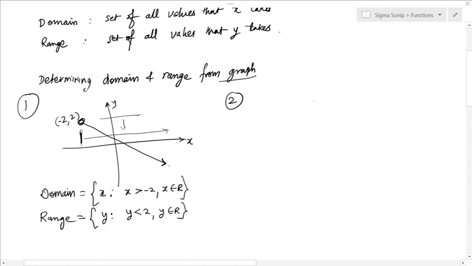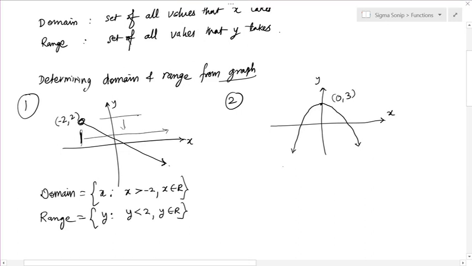Example number 2 is a quadratic function. A simple quadratic function like this, and that's the vertex. I'm putting arrows here, which means that the graph is extending in both directions, all the way to infinity.